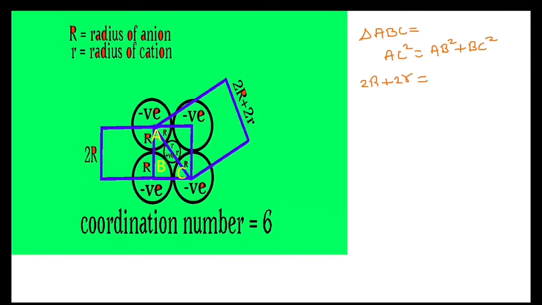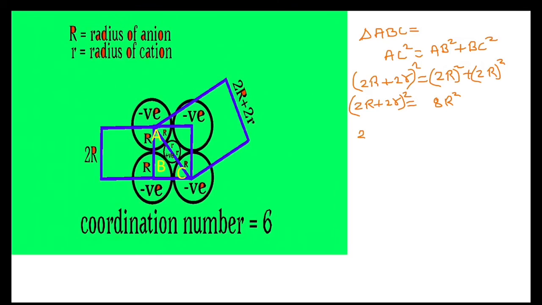And AB square, you can see over here, AB is equal to capital R plus capital R, and BC is also capital R plus capital R. So that is equal to 2R whole square plus 2R whole square. So that is equal to 8R square. Sorry, this one is whole square.